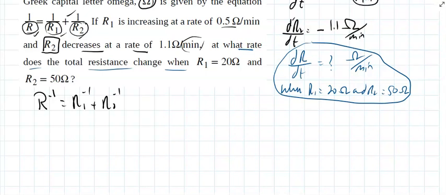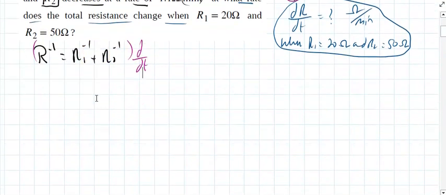Now, to get d/dt, I notice that everything is changing with respect to time. I take the derivative of those resistors with respect to time. And since t doesn't match r, these are all implicit differentiations. Here we bring the power down, subtract 1 from the power, by the chain rule dR/dt.